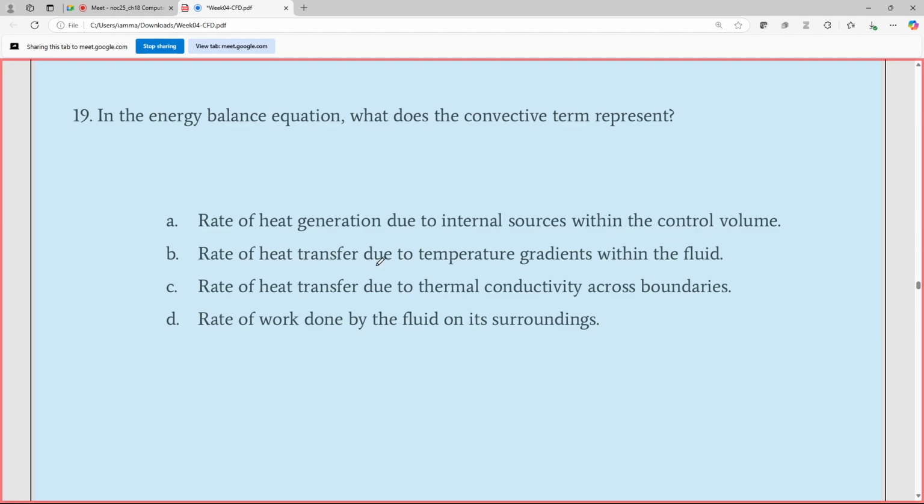Option B, rate of heat transfer due to temperature gradients within the fluid. Option C, rate of heat transfer due to thermal conductivity across the boundaries. Option D, rate of work done by the fluid on its surroundings. Inbox your answers.